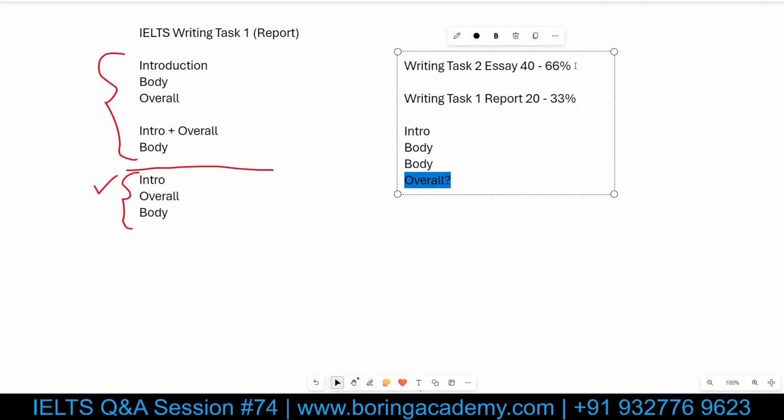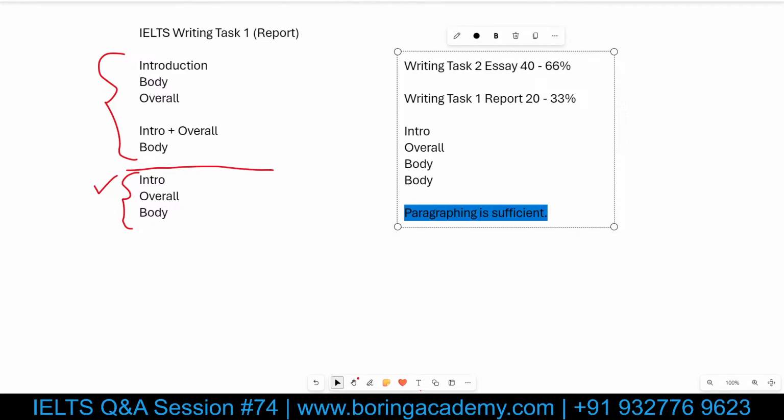Another thing is the second structure. What if we mix intro plus overall? It is still okay, but what I would specifically recommend is to write a separate paragraph for the overall, because there is a criterion which says paragraphing is sufficient. Make sure that you read the rubrics, the public band descriptors. You'll see something like this.